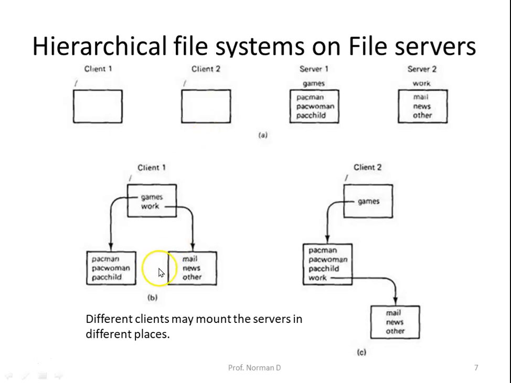Now, in figure B and figure C, you can see that both of the clients have mounted both the servers, but they have mounted them in a different form or at different places in their respective file systems. The mounting by client 1 is different and the mounting by client 2 is different. Client 1 has mounted them in its root directory, as games and work, and can access them as games and work respectively.